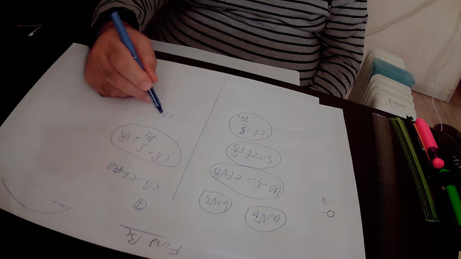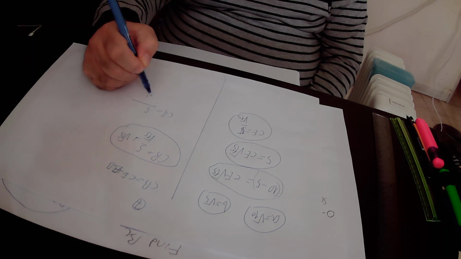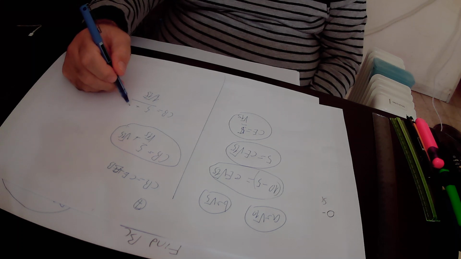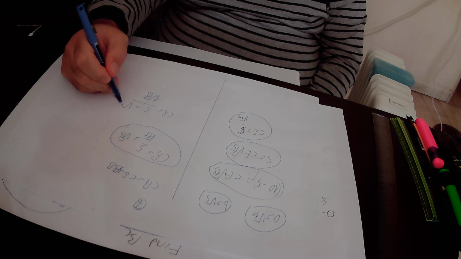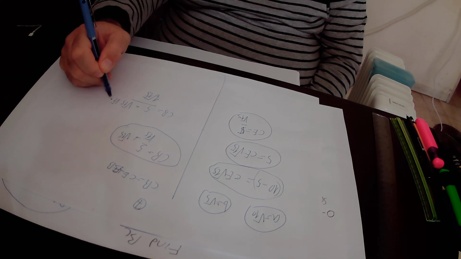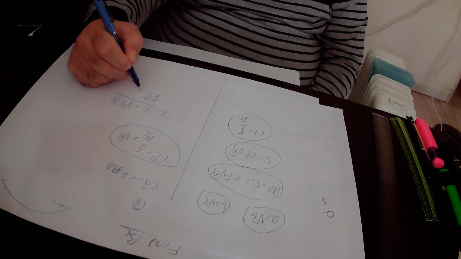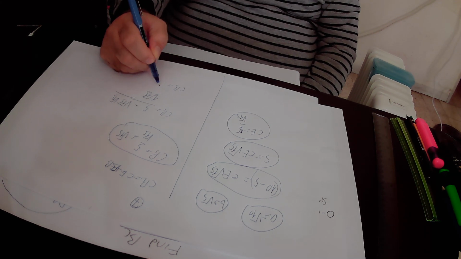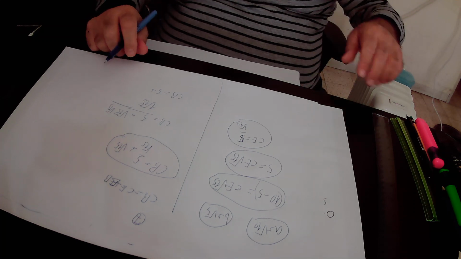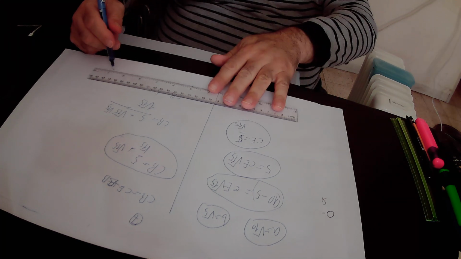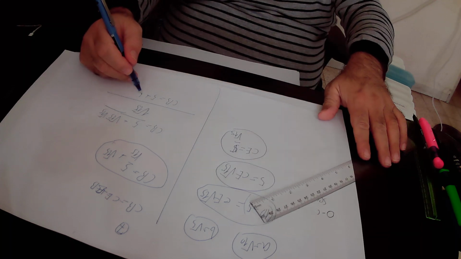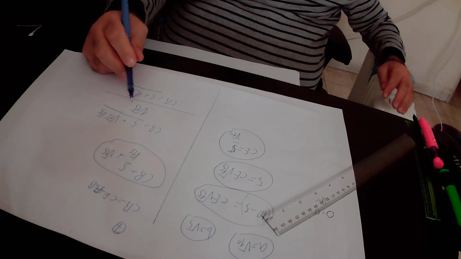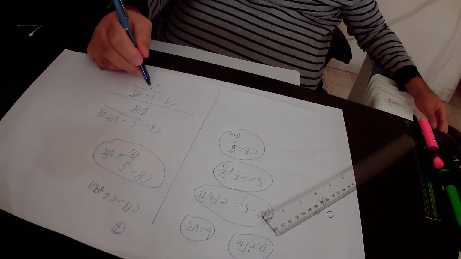So CB equals 5 over the square root of 15 plus the square root of 15 times the square root of 15 over the square root of 15. So CB equals 5 plus the square root of 15 times the square root of 15, which is 15, of course. So in the numerator we have 5 plus 15, in the denominator we have the square root of 15.